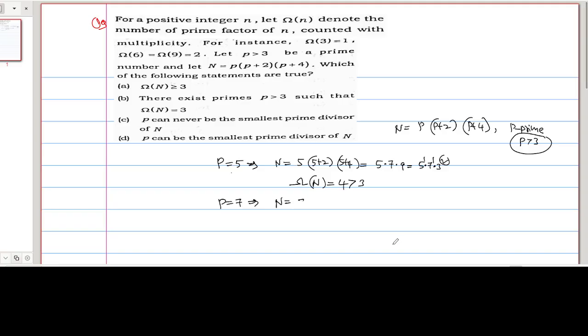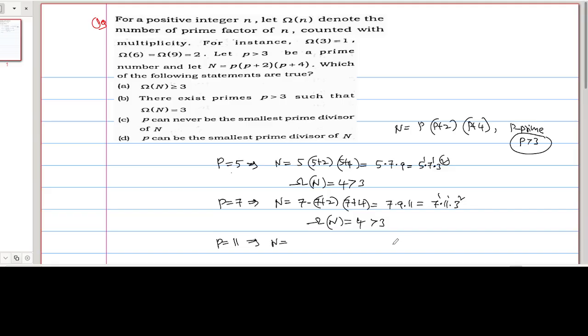So n equals 7 into 7 plus 2 into 7 plus 4. That means 7 into 9 into 11, that is 7 into 11 into 3 squared. Therefore omega of n is again 4, which is bigger than 3. The next prime number is 11.